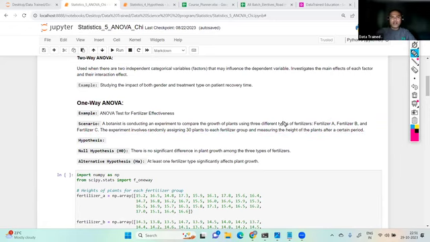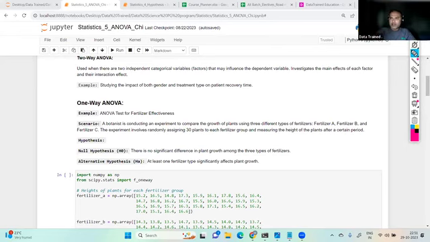So the null hypothesis is that all the means are equal. Remember that assumption: all means are equal means whatever fertilizer you use, either A, B, or C, the growth of all those plants is equal. The average growth is equal. That is the null hypothesis.